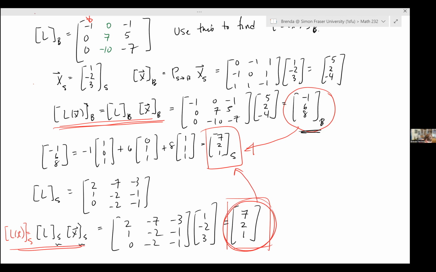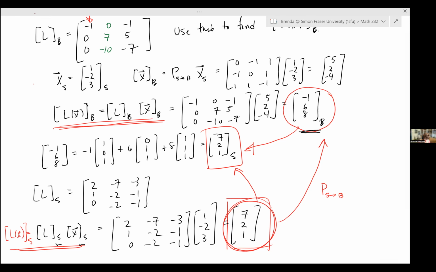I could also convert using P from S to B. We can do all the calculations with respect to the standard basis vectors, and then you can do the same calculations exactly relative to a different basis. Okay, I'm going to keep going here.